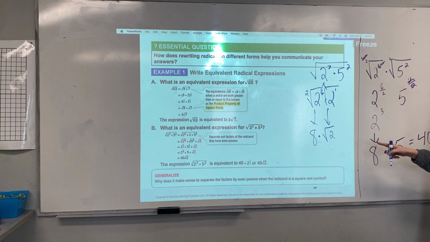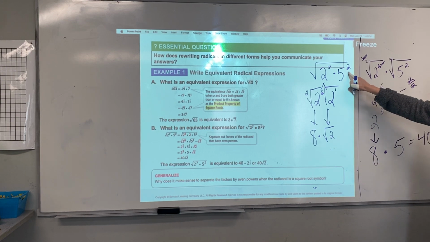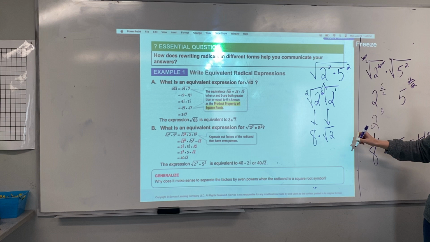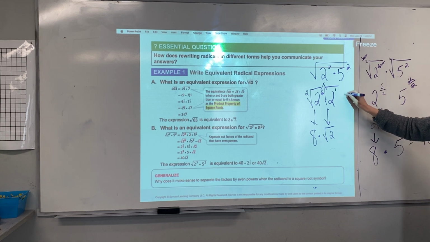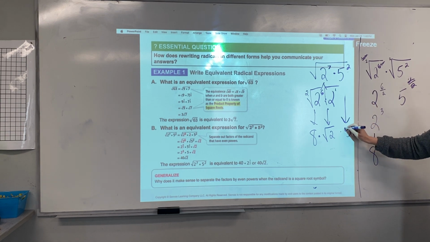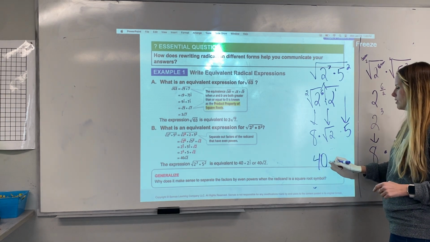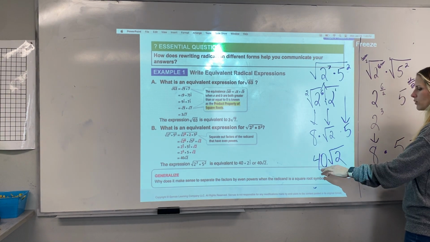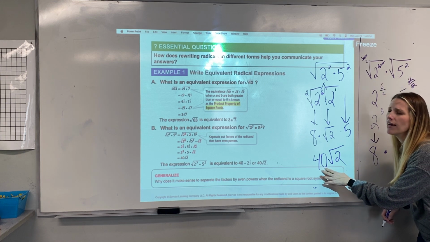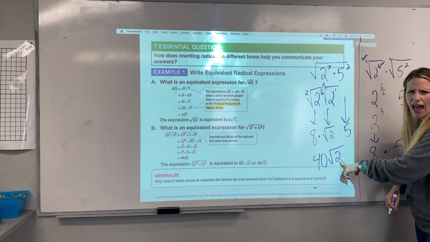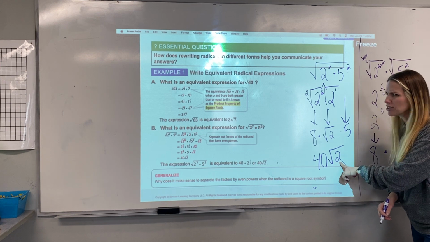Okay, and then of course 5 squared is the same, I didn't change that, so that would still be 5 when you square root that, so this will also be free as a bird. And again, we can have our 8 times 5, which is 40, times the radical 2. So these guys are free as a bird, and this guy is, despite all my rage, still just a radical cage.